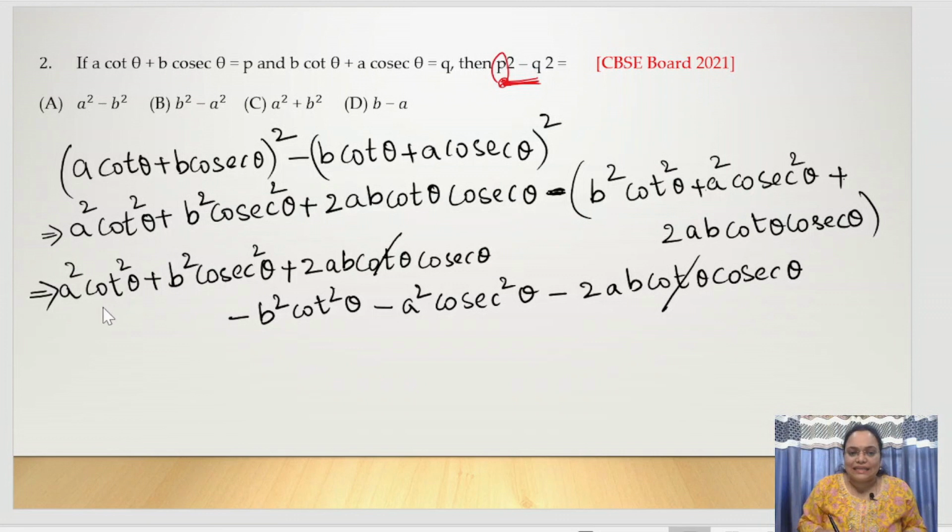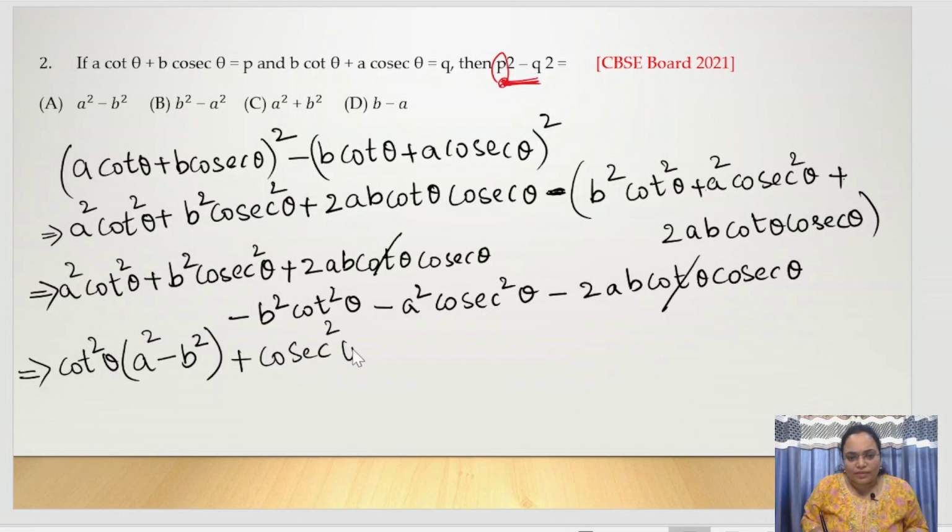Let us take cot square theta common. If you take cot square theta common, you will get A square minus B square. If you take cosecant square theta common, the remaining is B square minus A square.